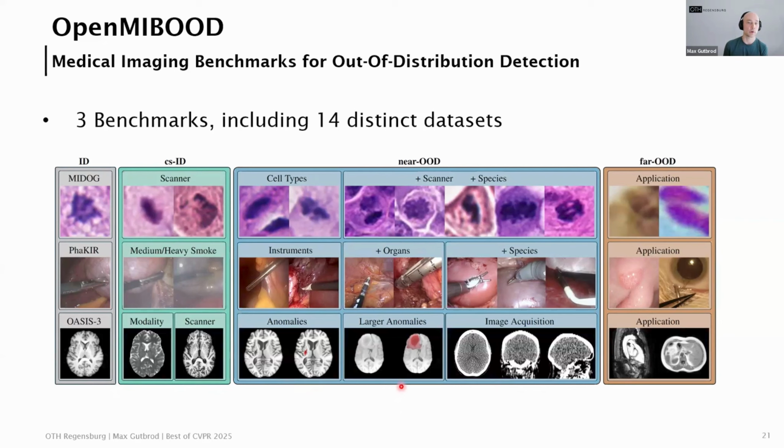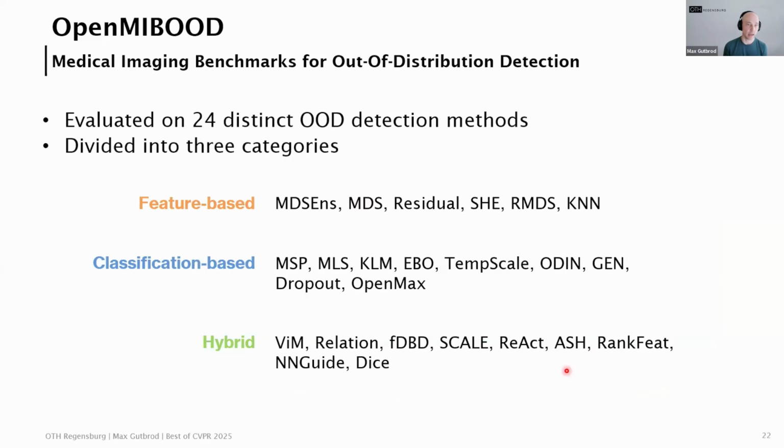And finally, for far-OOD, we used MRI scans of completely different areas of concern. Having all this, we then evaluated 24 different OOD detection methods, which we categorized into feature-based methods, classification-based methods, and hybrid methods.